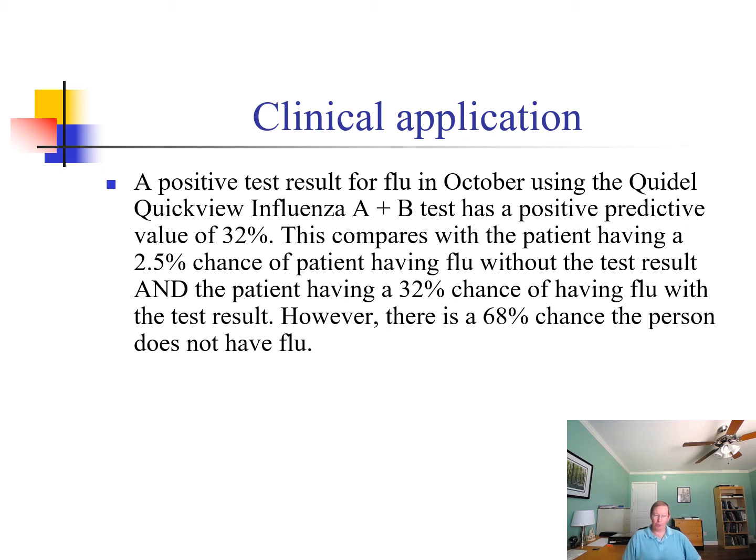So this result increased the chance of the person having influenza, but didn't even get it past the point where it's a 50-50 shot. So this is very important when clinicians are trying to decide when to do testing. If something has a very low prevalence, then a lot of times we won't do these tests because, quite honestly, it's less likely to give us useful information.